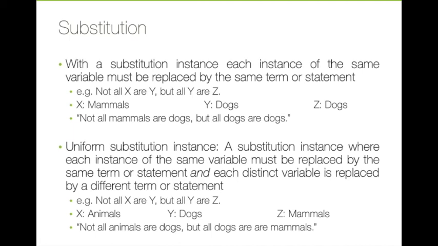So in the previous, Y and Z were both replaced with dogs. That's not allowed with a uniform substitution instance. So here's the same statement. To get a uniform substitution instance, we had to have different terms for X, for Y, and for Z. So we have animals, dogs, mammals. And that gives us a uniform substitution instance. Not all animals are dogs, but all dogs are mammals.